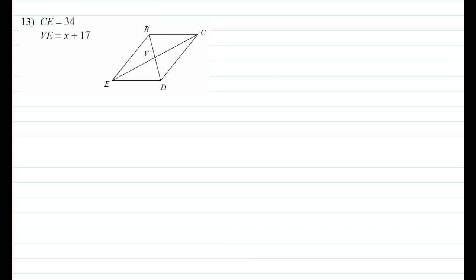All right, number 13, we have CE is equal to 34. So from here to here is 34. And they tell us that VE, from here to here, is x plus 7. Remember, the diagonals of a parallelogram bisect each other.